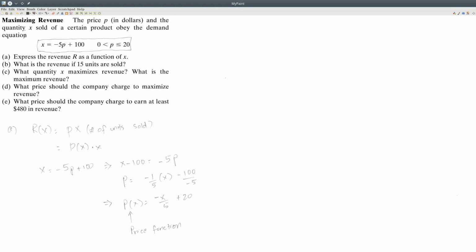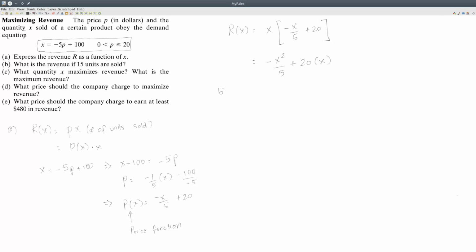So if I multiply the price function by x, I would get the revenue function. So minus x squared over 5 plus 20 times x.